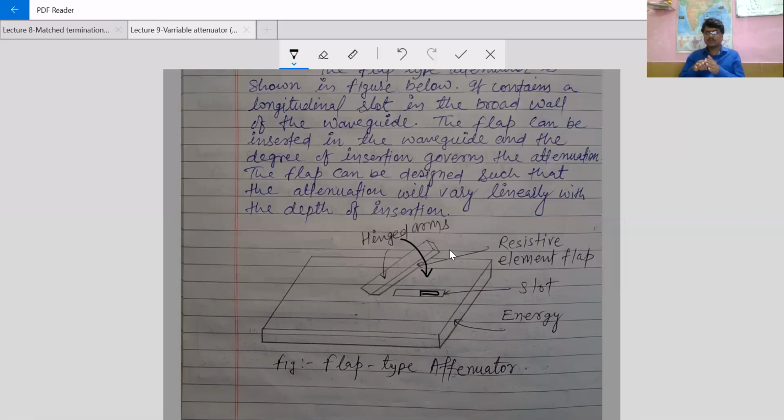For 2 mm of insertion, 10%, and so on. It will make our calculations easy. There may be a non-linear attenuation also, but we prefer the linear attenuation. So we should choose the flap length, width, and material such that it attenuates linearly with its depth of insertion.